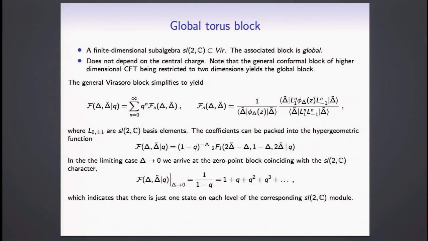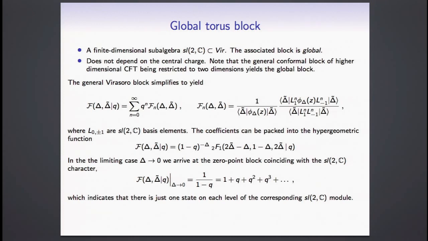So these three generators form the SL2 subalgebra, and the expansion coefficients can be explicitly calculated and shown that they can be packed into the hypergeometric function of this form multiplied by this power law prefactor.